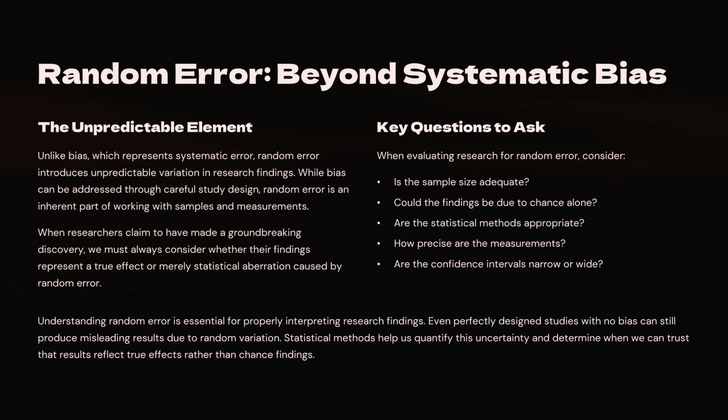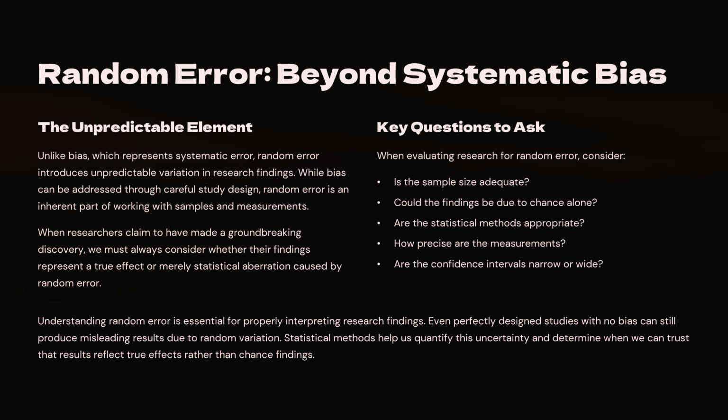So when you evaluate random error, you want to ask questions like, is the sample size adequate? Because the larger sample size, is it powered adequately to reduce random error? Could the findings be due to chance alone? Are the statistical methods appropriate? How precise are the measurements? And are the confidence intervals narrow or wide? All these things tell you whether or not random error could be playing a role in your interpretation of the findings.